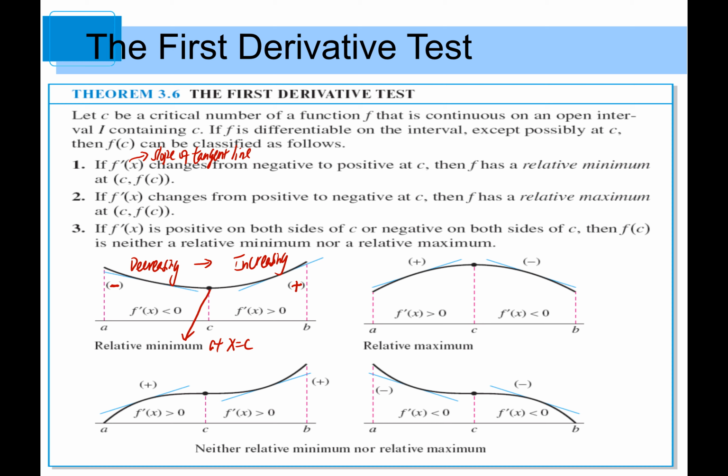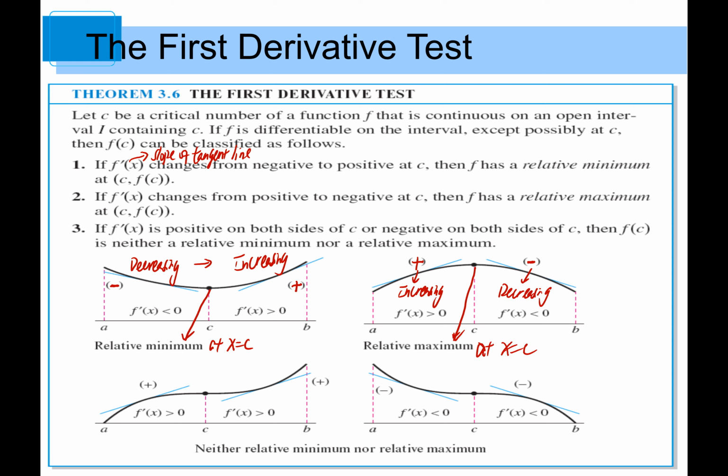Second scenario, if the slope of tangent line changes from positive to negative, positive meaning increasing, to negative, which is decreasing, then relative maximum occurs at x equals c.